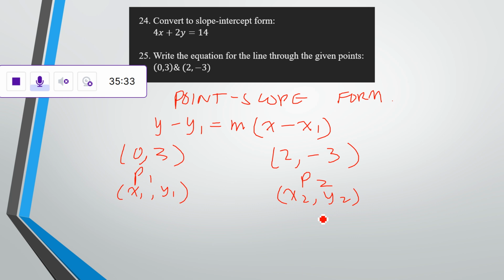So, first things first, we want to find our slope, which we have covered already, and then plug in point 1 into our equation here to find out an equation for the line that passes through those given points.